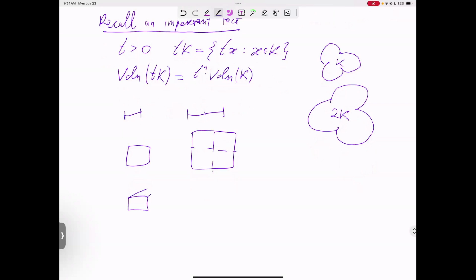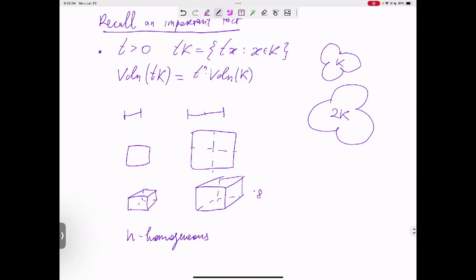In three-dimensional space, if I double the cube, clearly I will have 8 little cubes. And in general, Lebesgue measure is called n-homogeneous. That means that if I inflate a set by a factor of t, the volume increases by a factor of t to the power n.